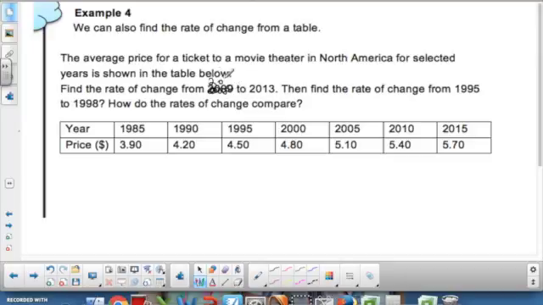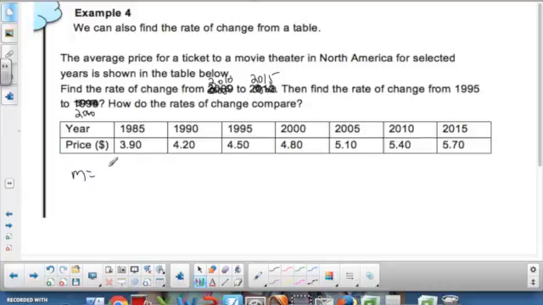Let's say from 2010 to 2015. And then we also want to find the rate of change from 1995 to, let's change that to 2000. And then we're going to say, how do the rates of change compare? So we're going to do two problems and then write a little comparison statement.